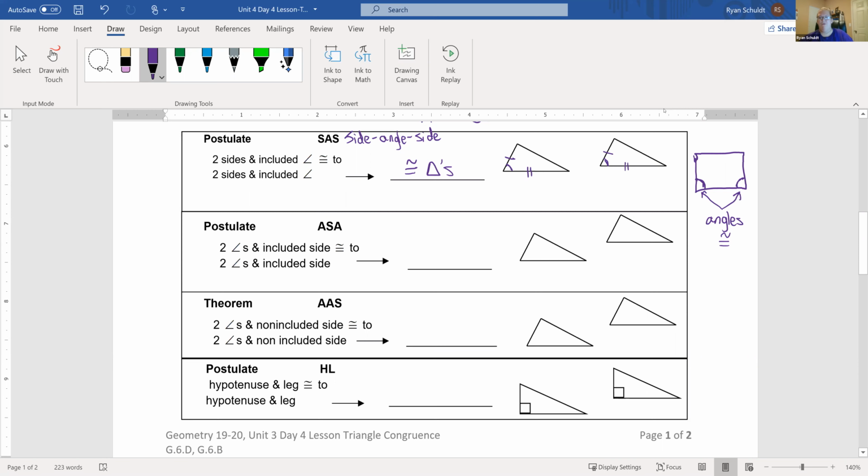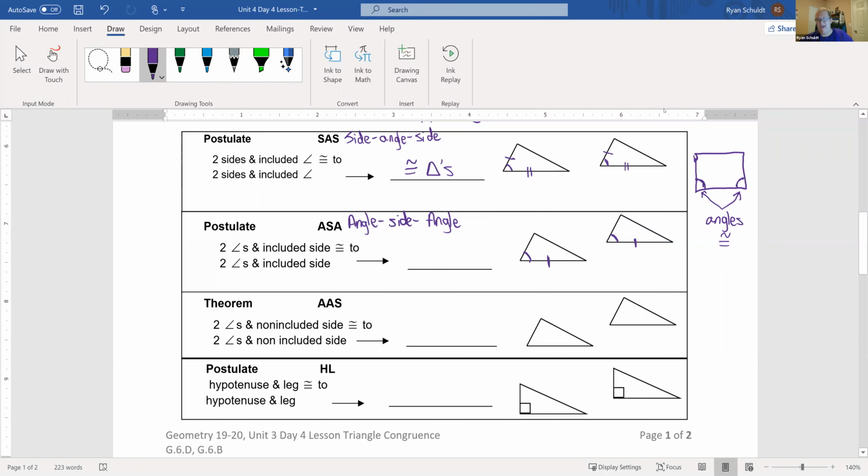The next one, we flip it and have angle, side, angle. Again, we want it to go in exactly that order, and they all have to be touching each other. So if I go with this angle on our triangles here, those two are congruent. I'm going to say this side is congruent.